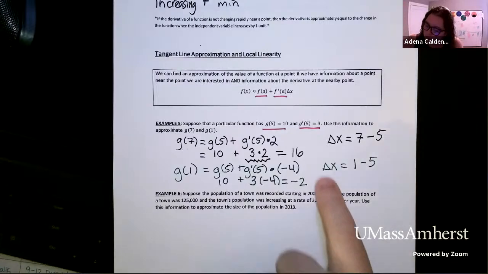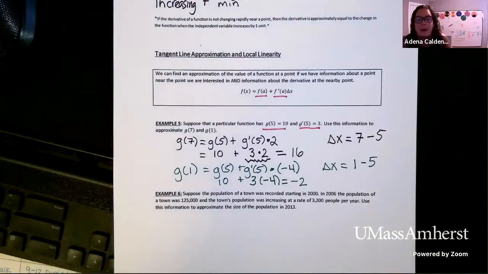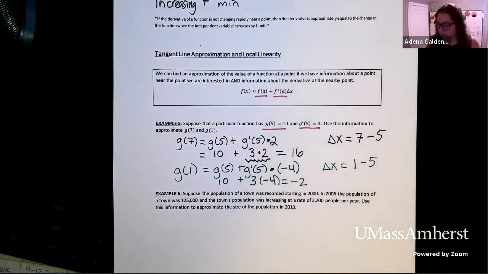So the closer you are to the value you have, the better your approximation. Right? So g of 6 is a better approximation than g of 7 because 7's further away. The further away you go, the more error there can be. So keep that in mind if you're ever using this to approximate, in a science class or in a business class to make predictions. The closer you are, the better your approximation.